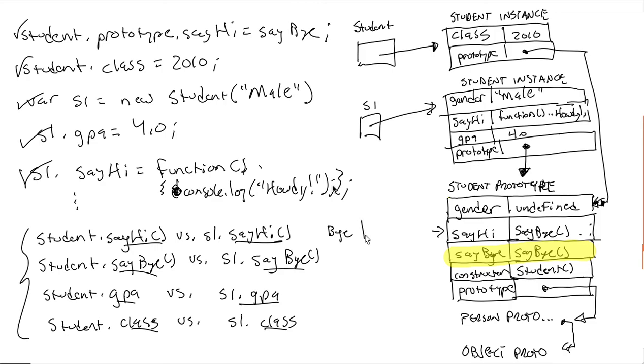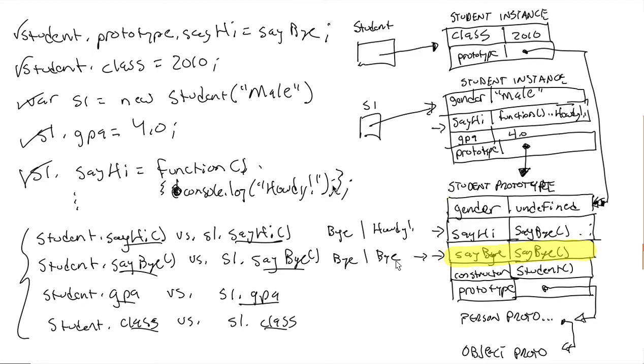When you invoke s1.sayHi, it's going to invoke this sayHi method, and it's going to say howdy. When you say student.sayBye, it's going to invoke this sayBye method, so it's going to say bye. And when you say s1.sayBye, it's also going to invoke this sayBye method, so it's going to say bye.